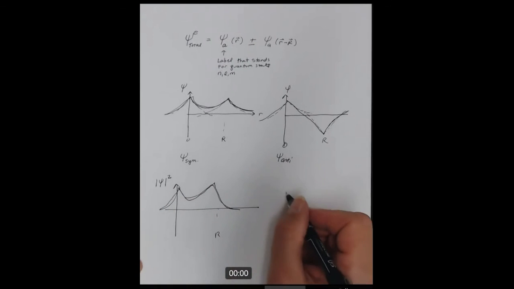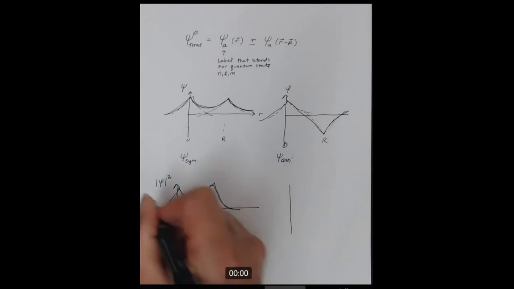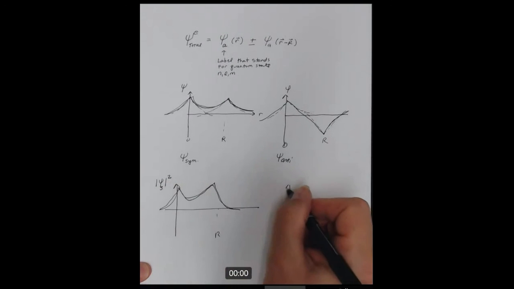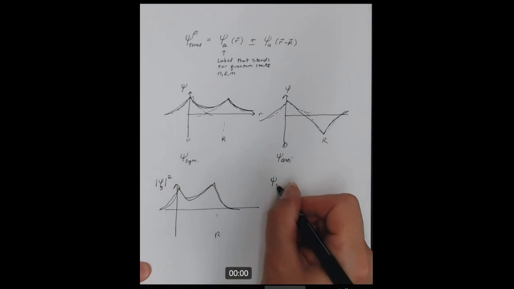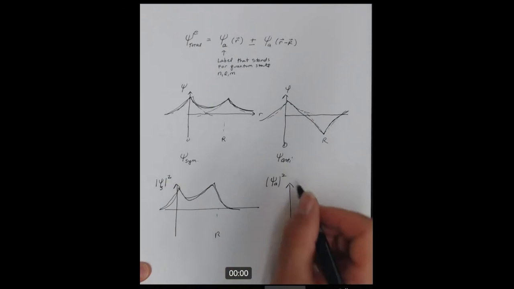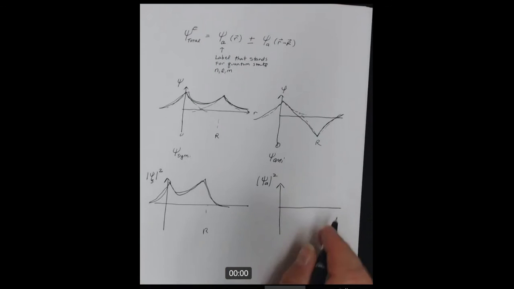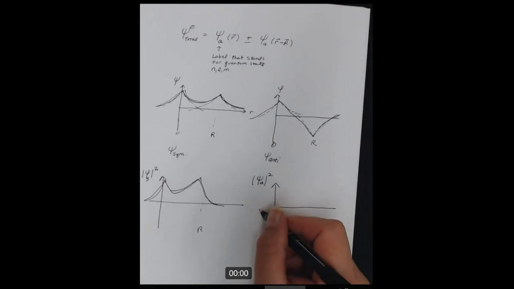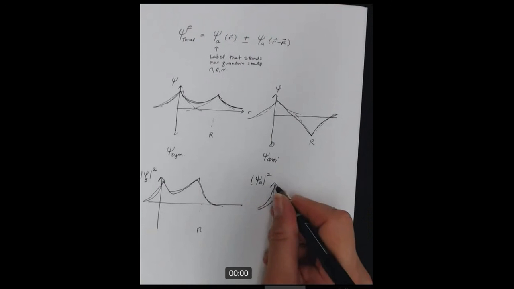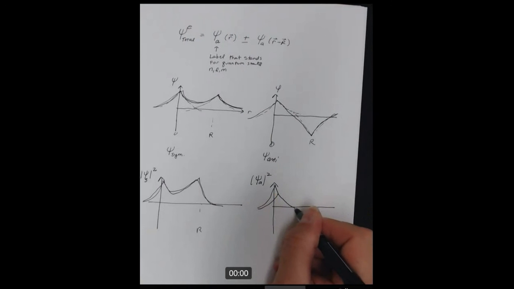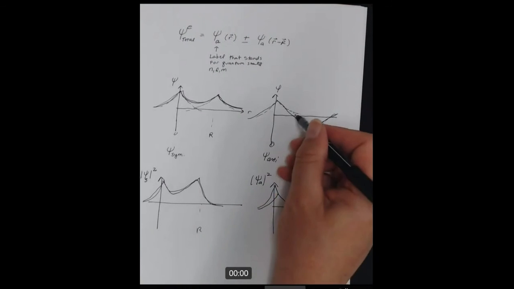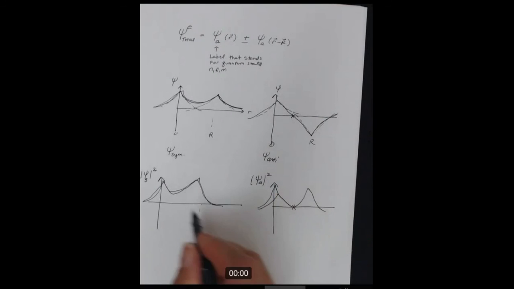And if we look at the anti-symmetric squared, so this is the symmetric squared, the anti-symmetric squared, what would that look like? It looks maybe similar, but the difference is that at some point it will go to 0, where the symmetric case will not go to 0. So that's an important point.